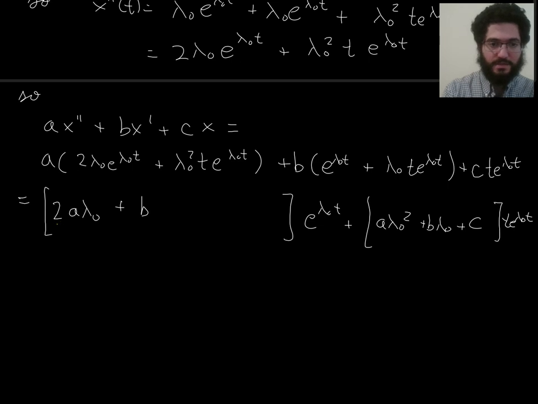So this 2a lambda naught is coming from a and 2 lambda naught here, and this b is coming from this b here. Those are the two things that get multiplied by e to the lambda naught t, which you see here and here. And then for t e to the lambda naught t, you've got a lambda naught squared, so that's here, and you've got b lambda naught, so that's here, and you've got c, that's here.